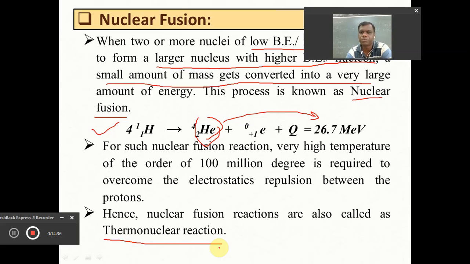So dear friends, today in this part of the video we talked about two important concepts. One is the breeder reactor, in which the amount of nuclear fuel goes on increasing.